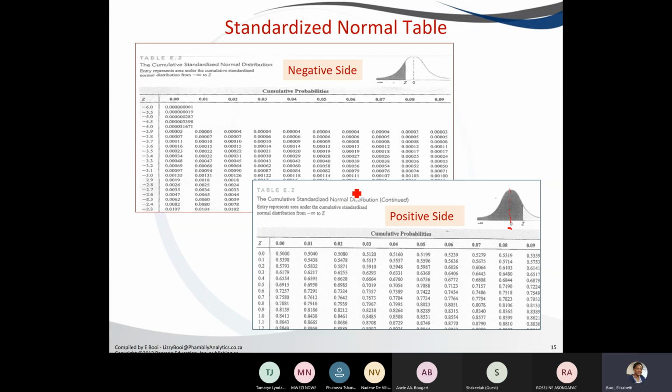So if A is positive, it will start in the positive side, but it will include all the negative side as well. If it's negative, it will start in the negative side and include all the negative. That will be a cumulative standardized normal distribution table. So I want to put here, it must say cumulative standardized normal distribution table. And it's table E2 for those who are doing STA1610 and 1510.